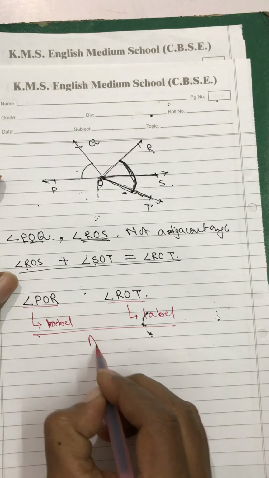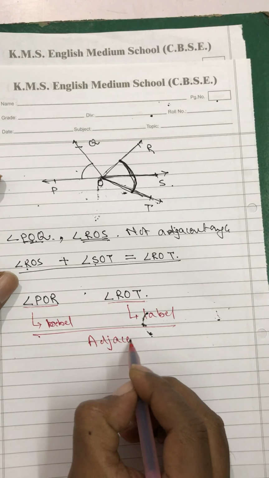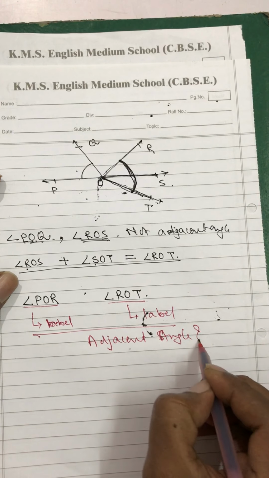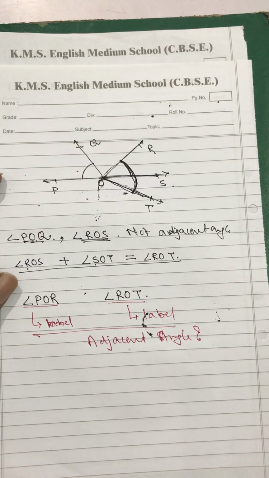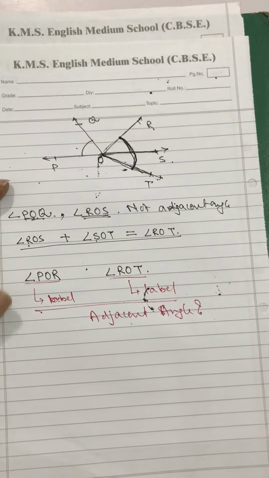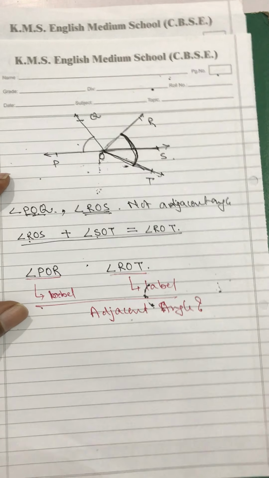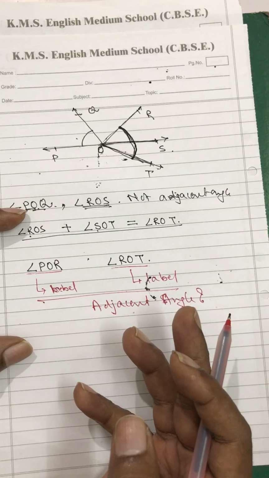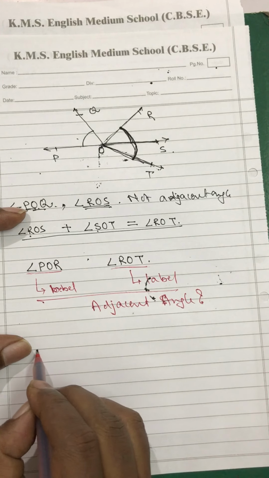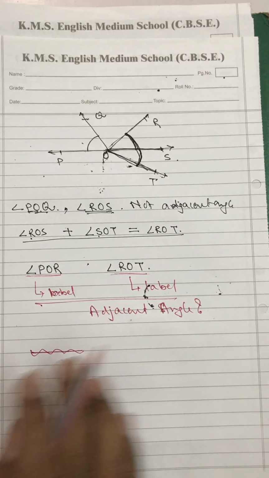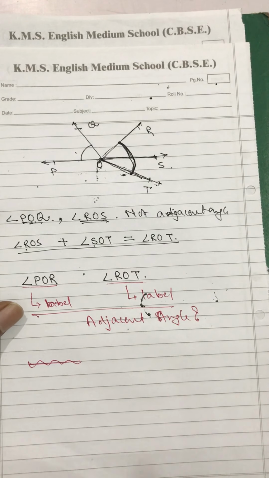Now decide, are they adjacent angles? Yes or no? Write for your own self. Now I hope you all have done that. And now try to frame the equation if they are adjacent angles. But actually when we are not sure, how can we frame the equation? When we are not sure, we can't frame the equation.